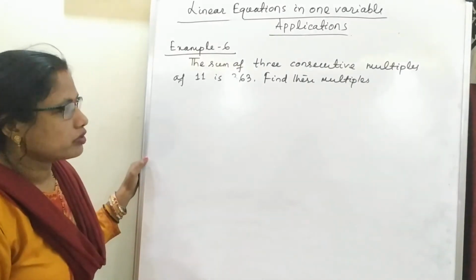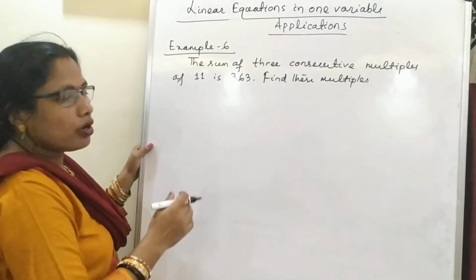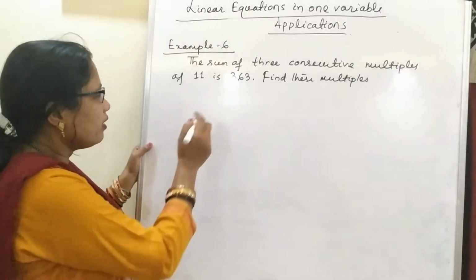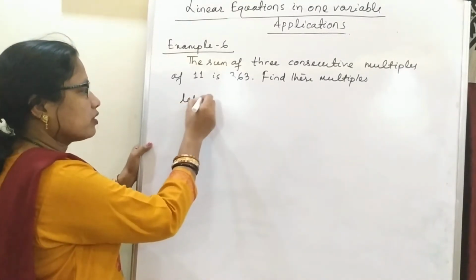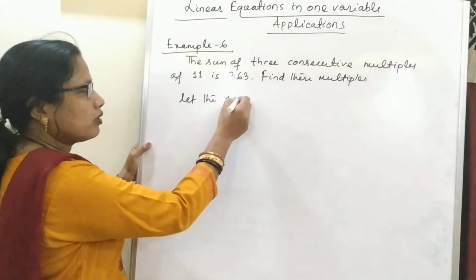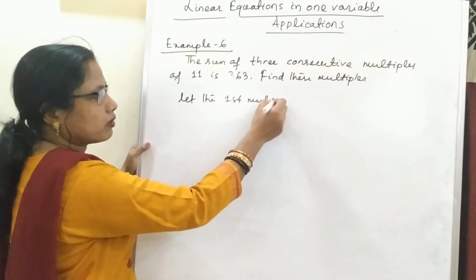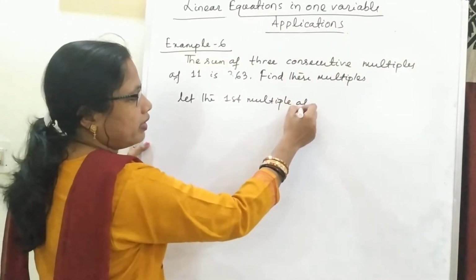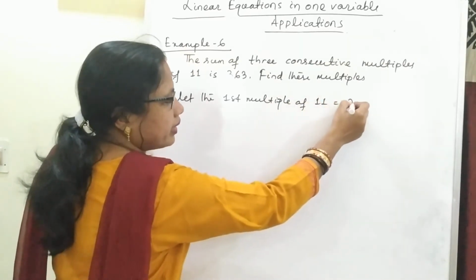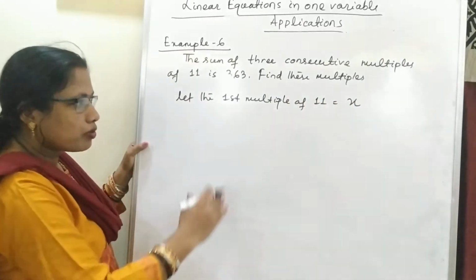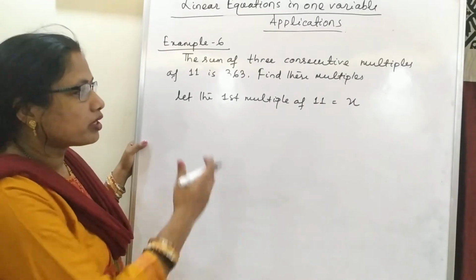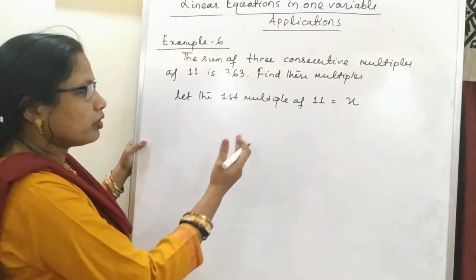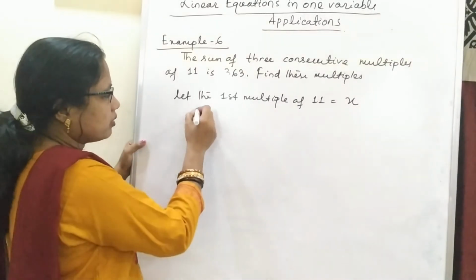Find these multiples. So you know the multiples of 11. If the first multiple of 11 we take as x, what will be the next consecutive multiple of 11? That will be x plus 11.